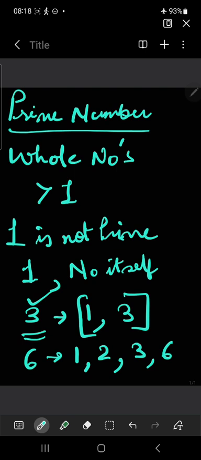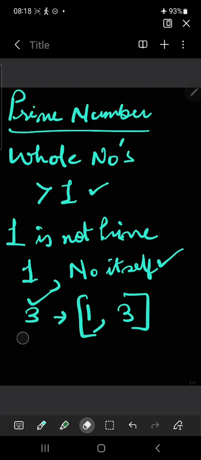So these are the factors of 6. As per the definition, a prime number is a whole number greater than 1 that has exactly two positive factors: 1 and the number itself. So these are the two factors a prime number should have.